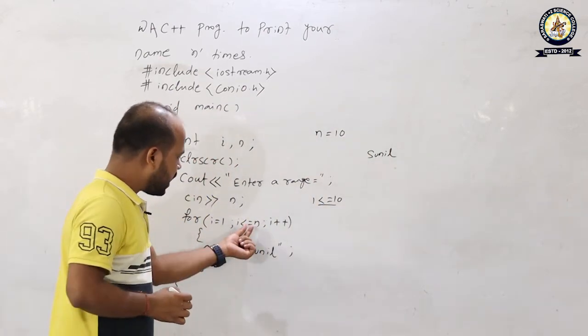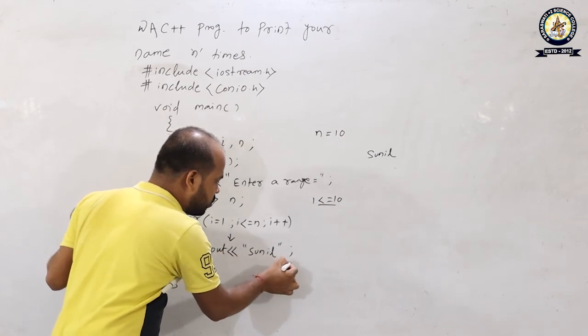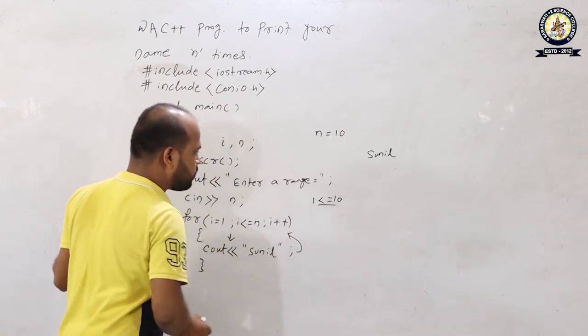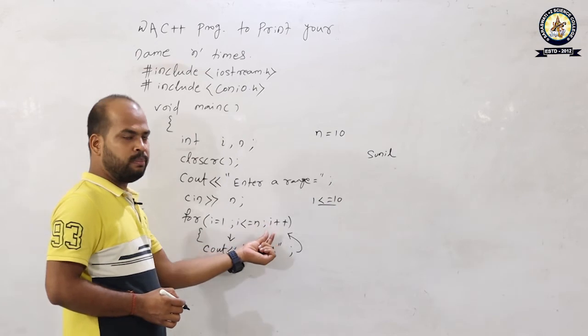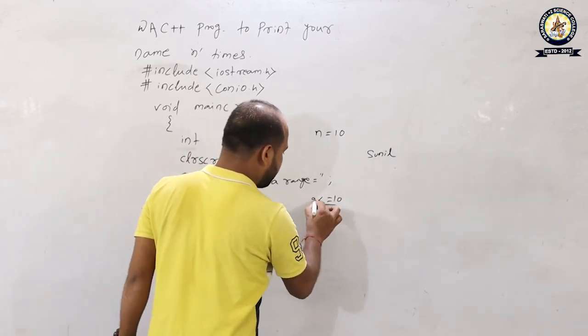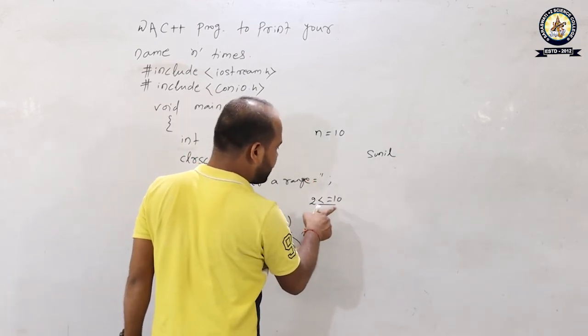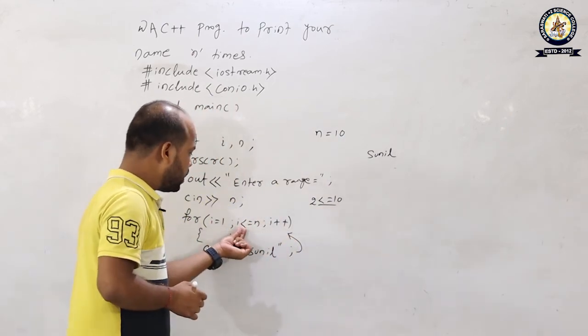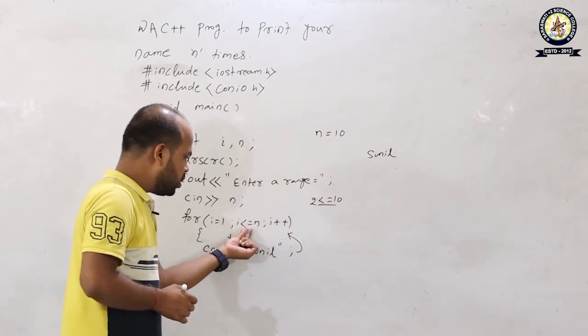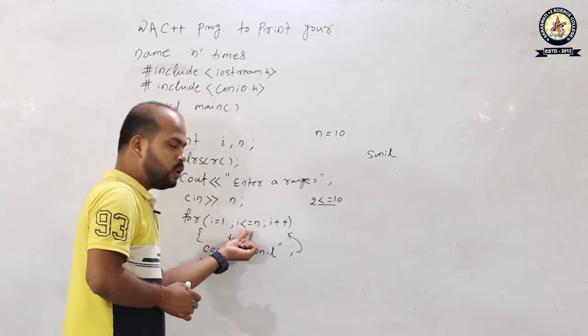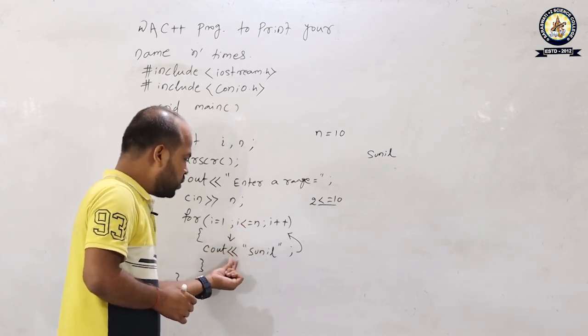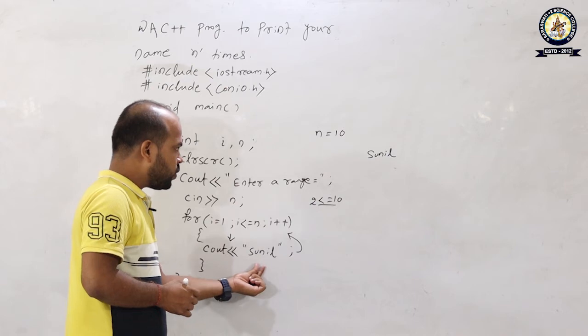Then after that, the control goes to i plus plus. Then the i value becomes 2. Then 2 less than or equal to 10, condition true. When the condition is true, control goes to the loop block and prints your name.